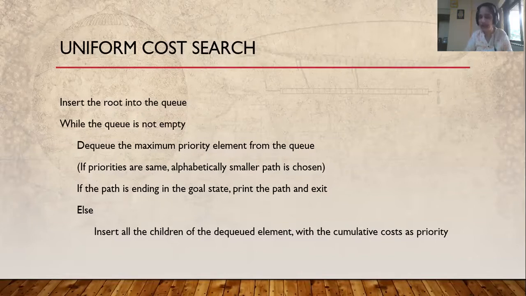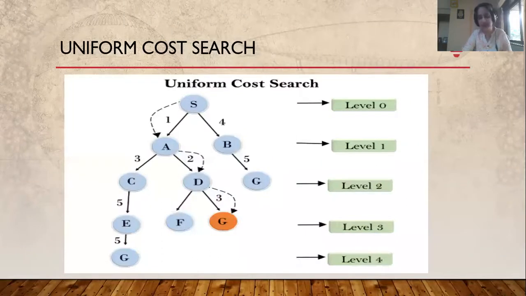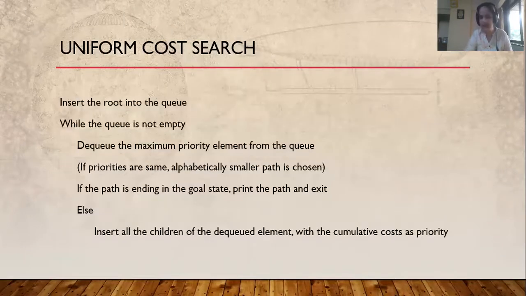Now if priorities are the same, which means everyone has the same path, then in that case the alphabetically smaller path is chosen. If the path ends in the goal state, print the path and exit. Else insert all the children of the dequeued element with cumulative cost as priority.